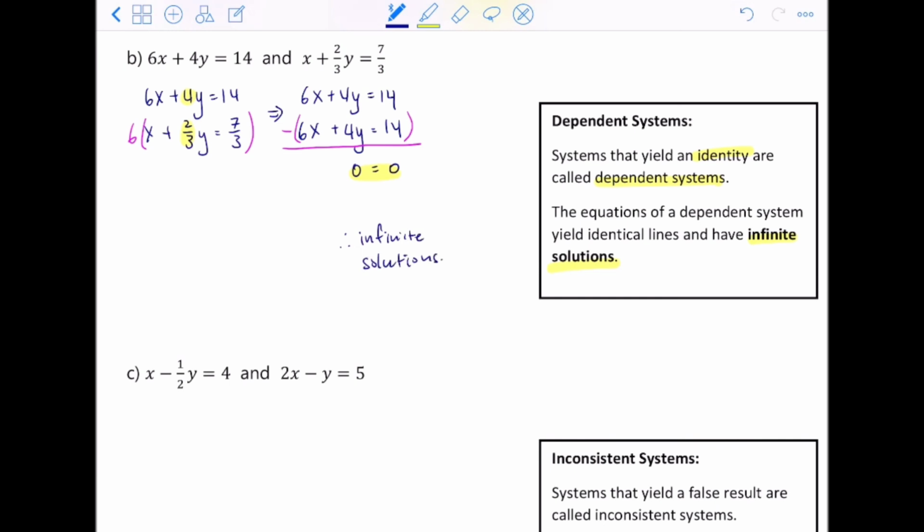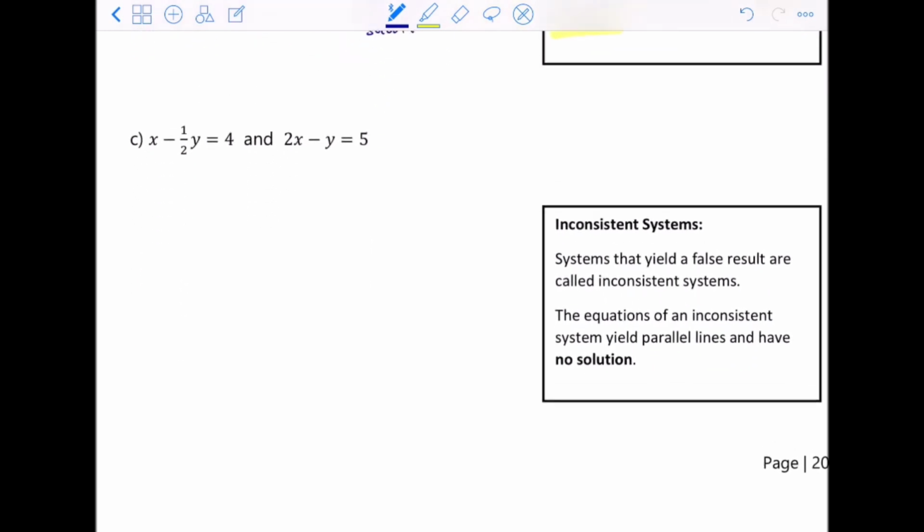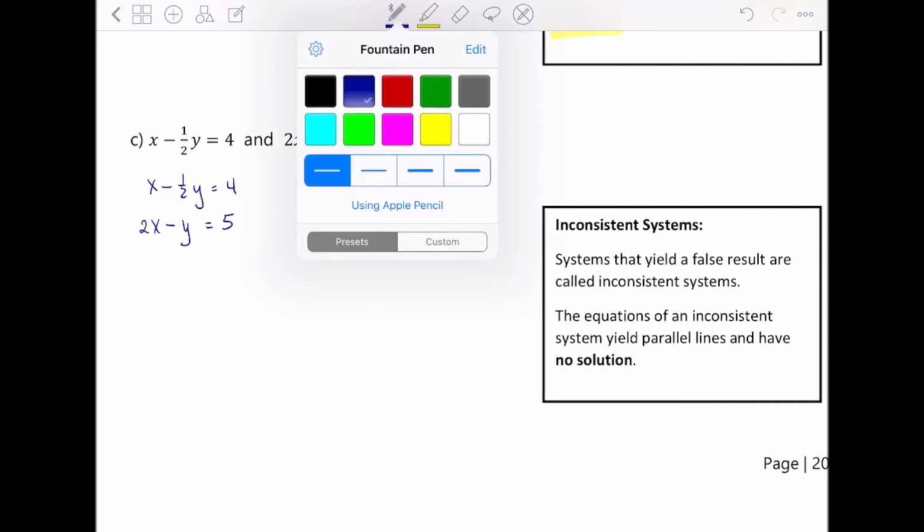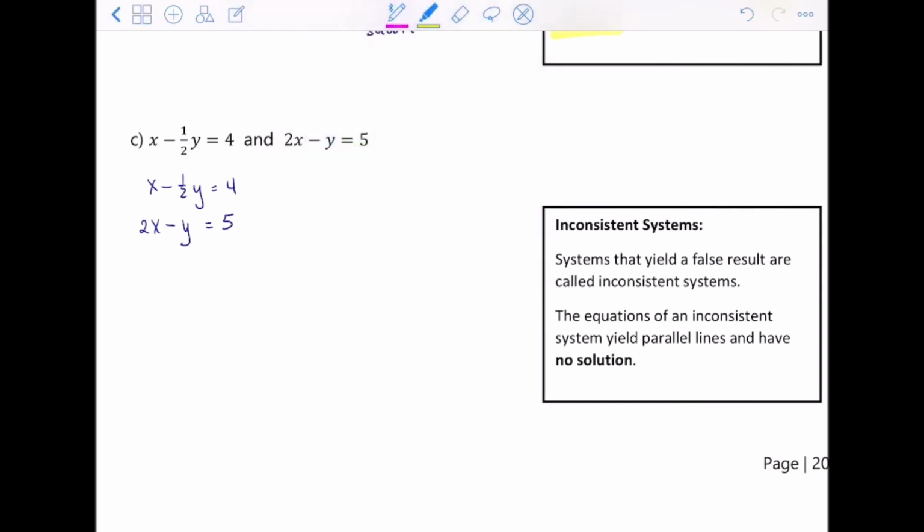For part C, let's do this one, line these up. And this time I wanted to get rid of x first. So the lowest common multiple will be 2.